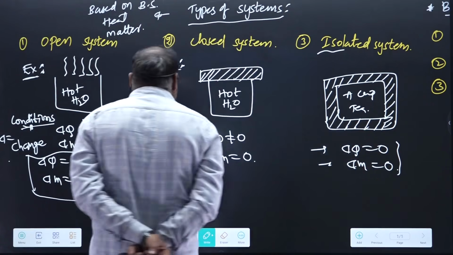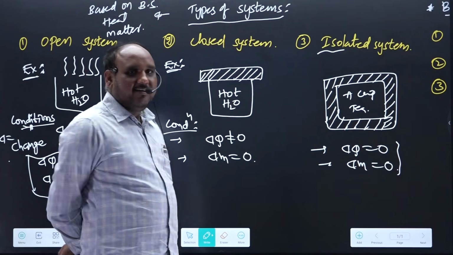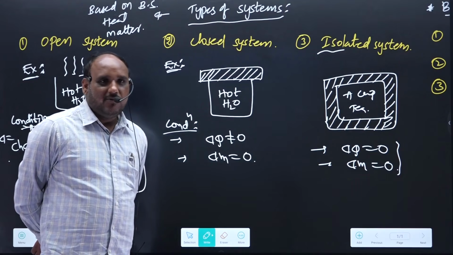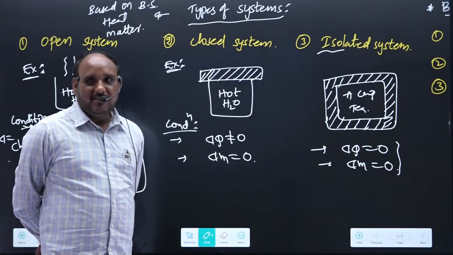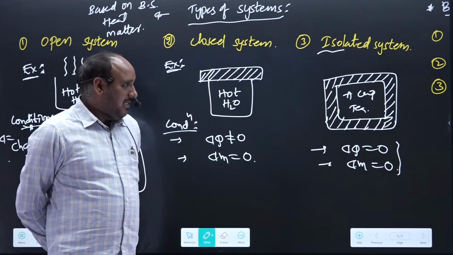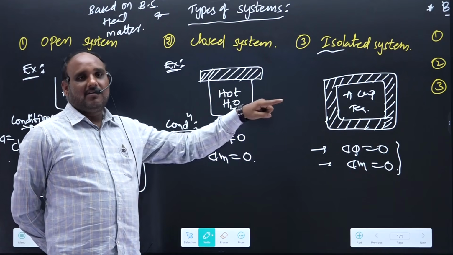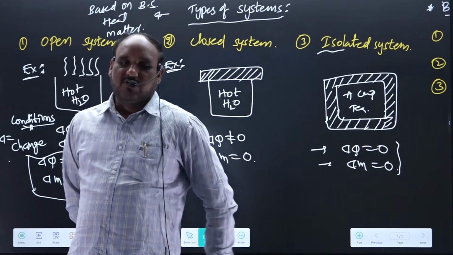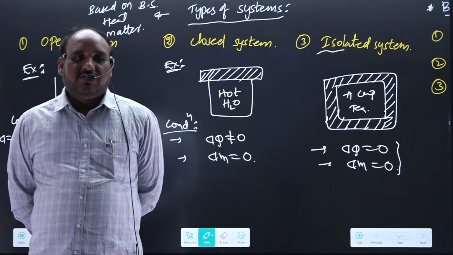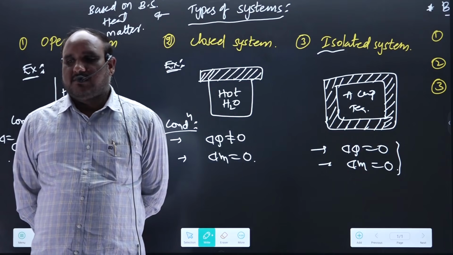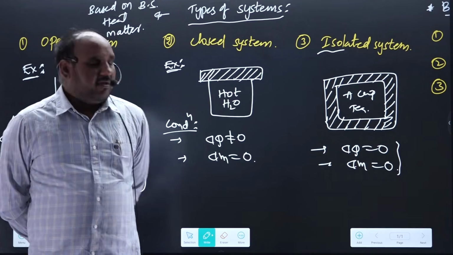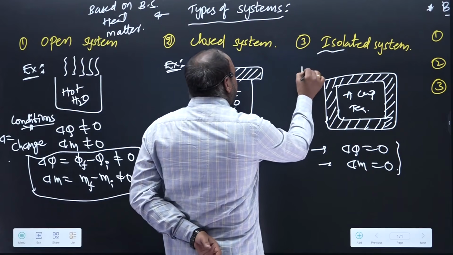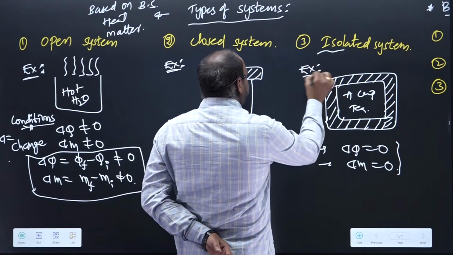Do you know about either-or and neither-nor? Neither-nor means it won't allow, right? Either-or means it will allow. Here in this case, neither-nor: neither heat energy nor matter will exchange with its surroundings. Example, a cup of tea in a thermos flask.